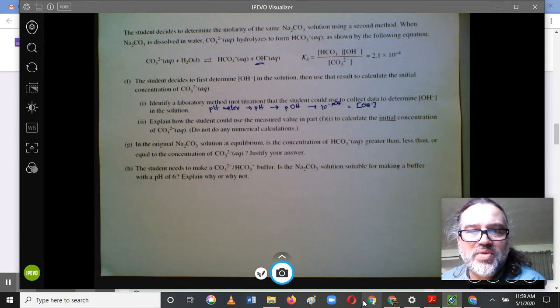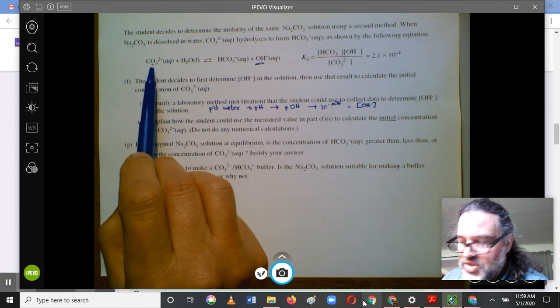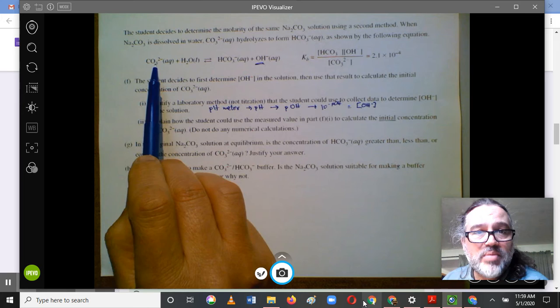Explain how the student could use the measured value in part F1 to calculate the initial concentration of CO3 2-. Don't do any numerical calculations. So we need you to show some mathematical reasoning here. In that mathematical reasoning, we want to think about what the concentration of this would be before equilibrium.